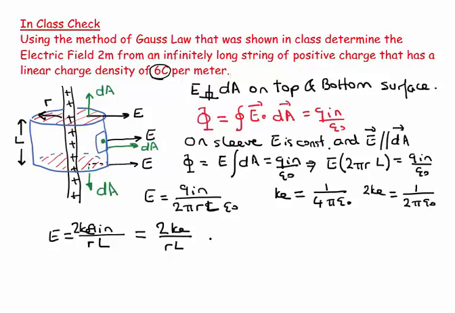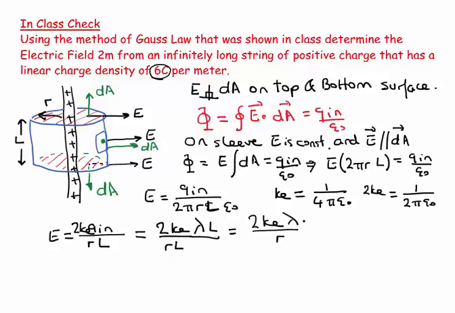And we use lambda for the linear charge density, so many coulombs per meter, and the length is L. So, well, the L's cancel, so I have 2Ke lambda over R. And that's a very standard form of answer.